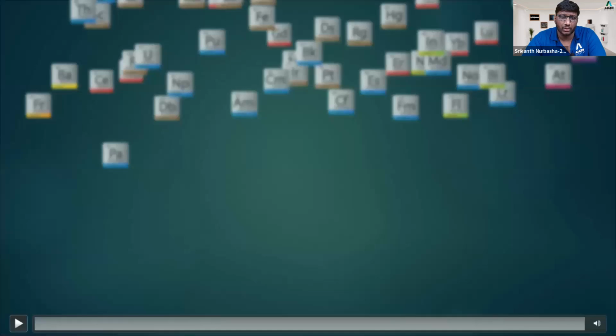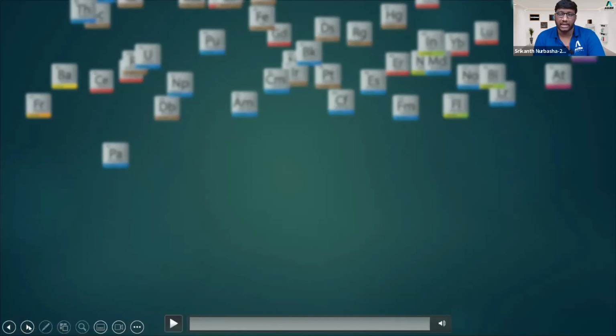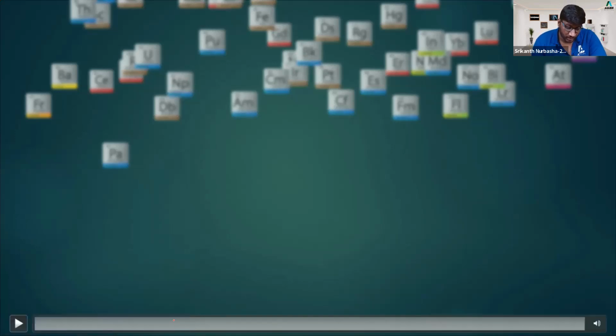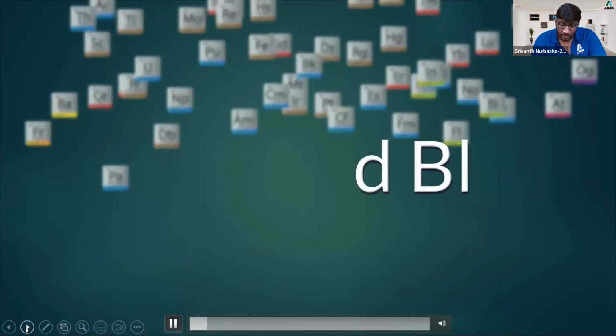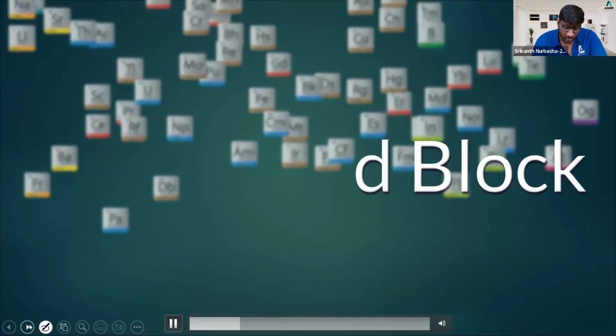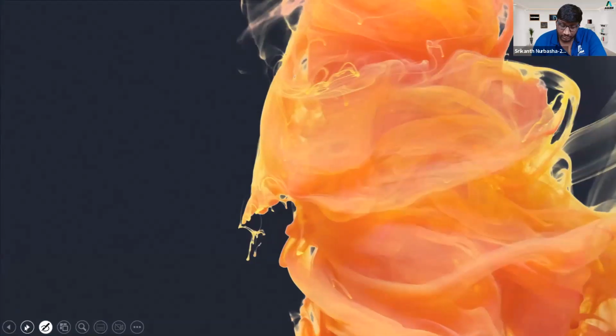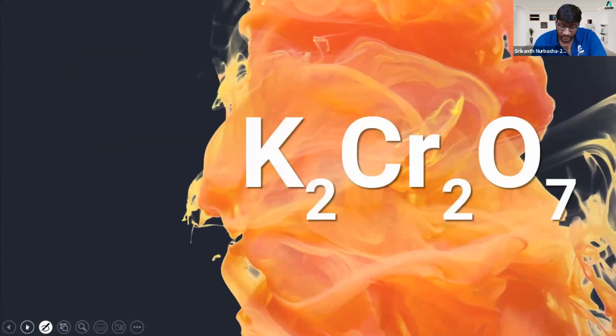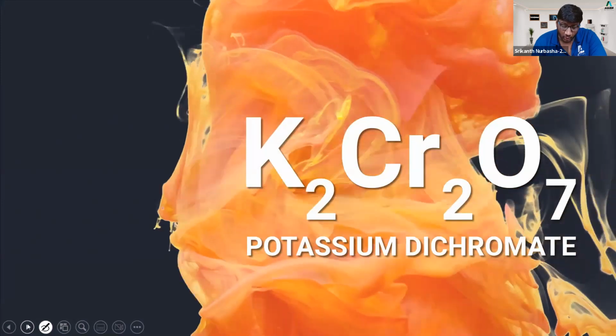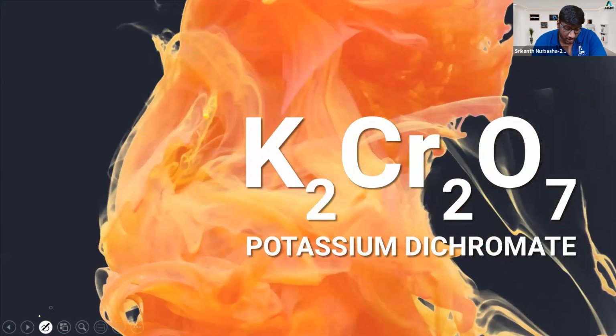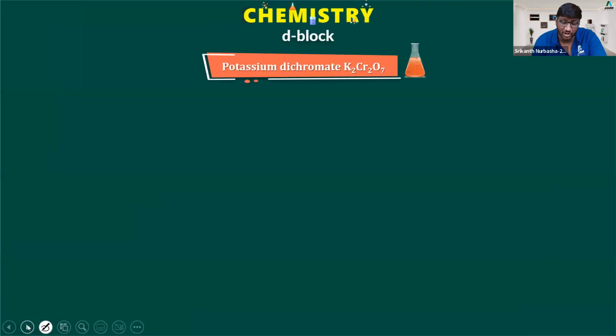In our course, we have only two compounds mainly: potassium dichromate and potassium permanganate. These are in our syllabus, students. So we have to understand about their structures, about their properties in more detail.